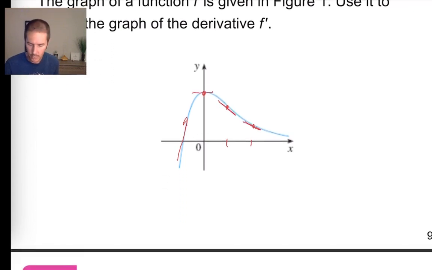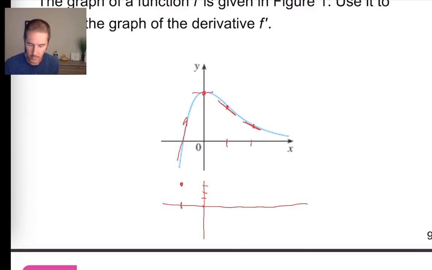So we could start trying to plot those as points. So at -1, I said we've got a pretty steep tangent line. So maybe that has a slope of +3. And up here where x equals 0, the slope of the tangent line was horizontal, so a slope of 0.